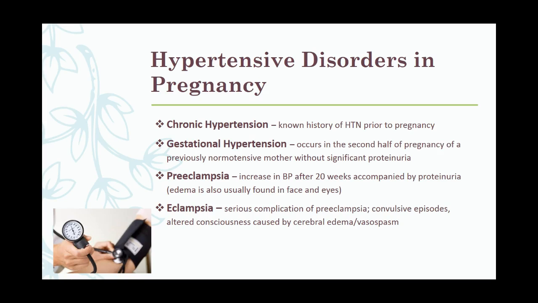And then eclampsia, we know, is the most serious form of preeclampsia, and this includes seizure activity, convulsive episodes, altered states of consciousness, and it's caused by the vessels swelling cerebrally and then causing vasospasms.